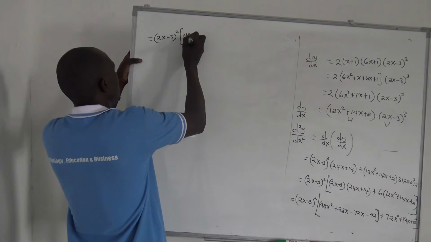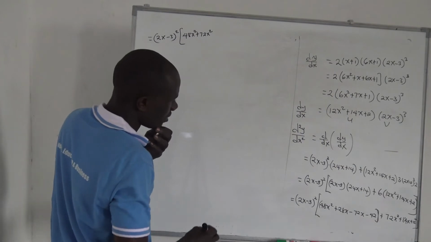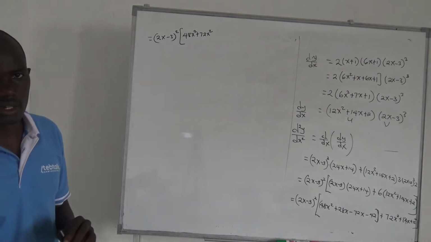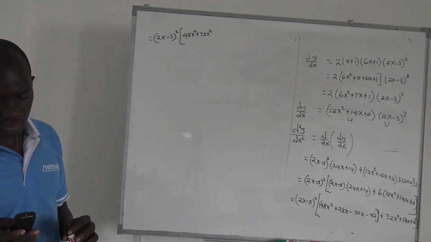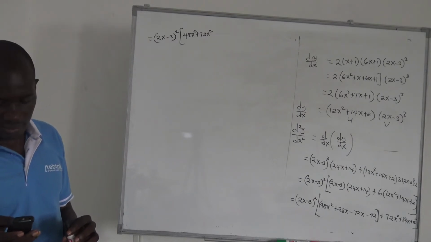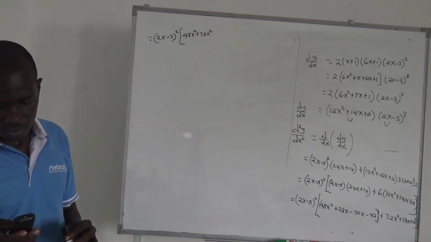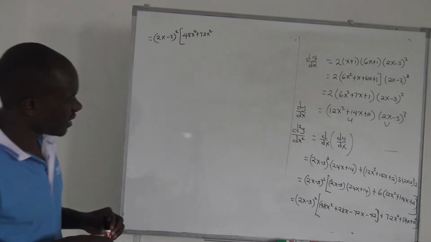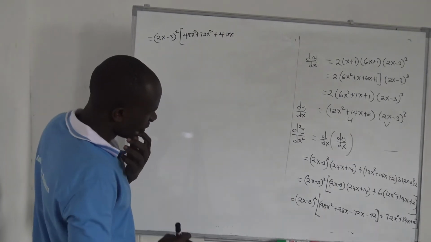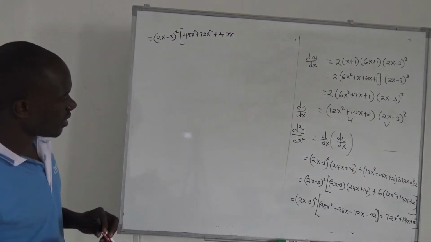We are getting 48x squared plus 72x squared, plus 28x minus 72x plus 84x, so we are getting 40x. Negative 42 plus 12, we are getting minus 30.